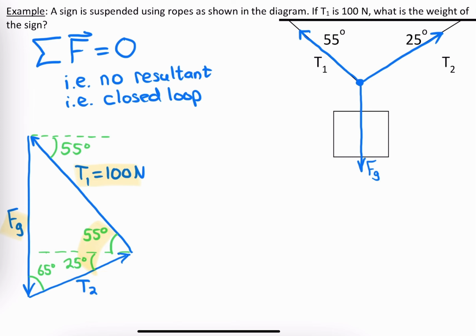So I think maybe sine law is going to be the best way to go here. So I'm going to pair this angle with this side. That gives me my one unknown, FG. And then I'm going to pair this angle with this side. That gives me two things that I do know. And I'll use those two pairs in my sine law.